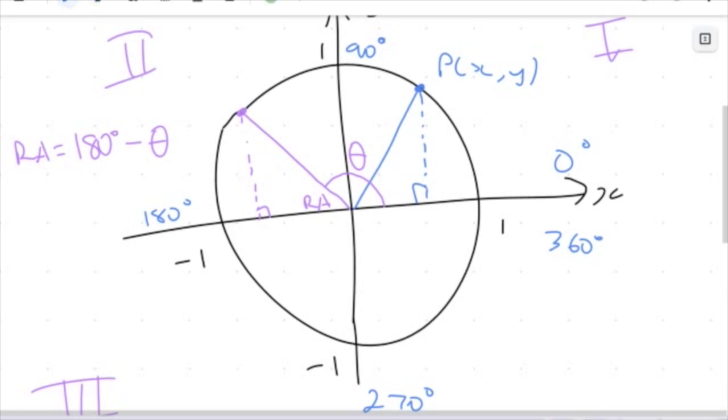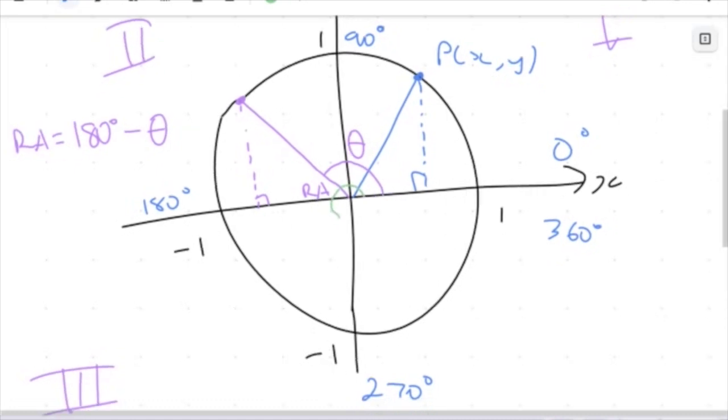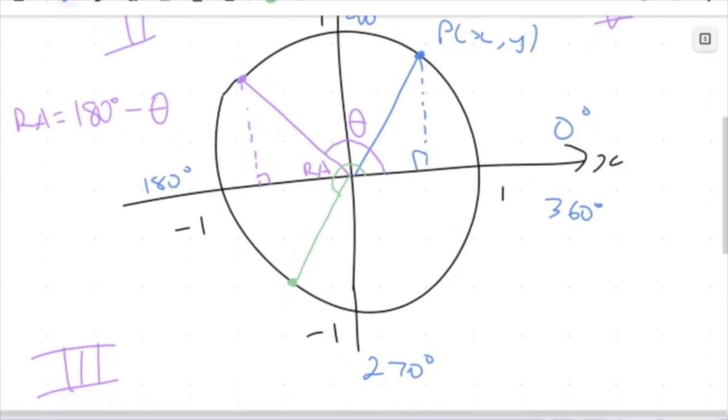So let's say I had an even bigger angle, some kind of angle like this. And I draw a line from the center out to some other arbitrary point. Now this angle here, let's call this green theta here. So this is a different angle than my purple theta that I drew earlier.